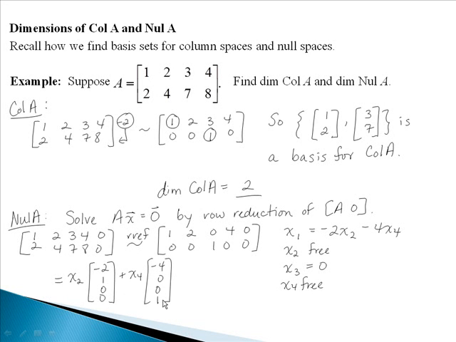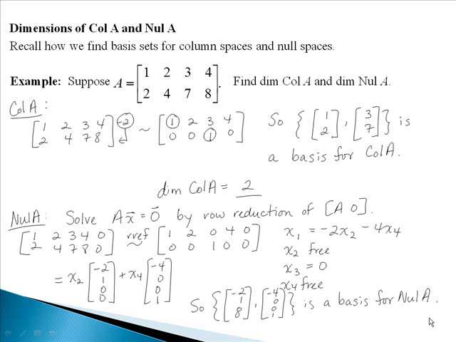And so these two vectors here are going to be the basis for the null space of A. There are two vectors in our basis set for the null space, so then the dimension of the null space of A is also equal to 2.